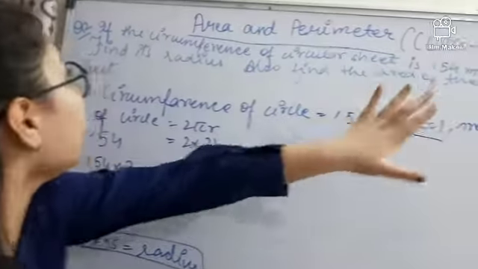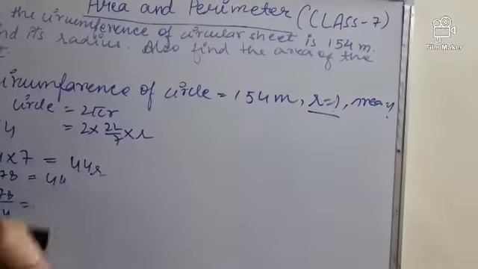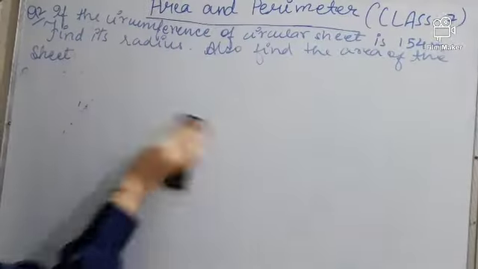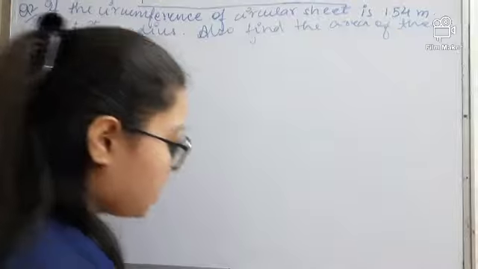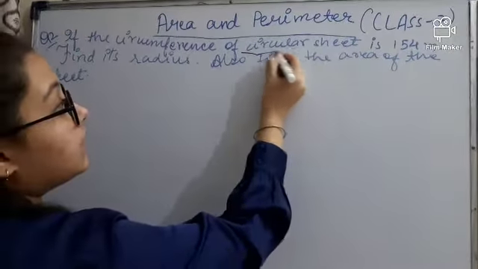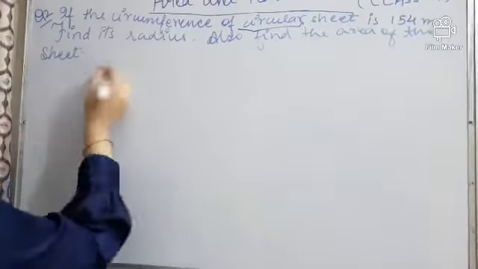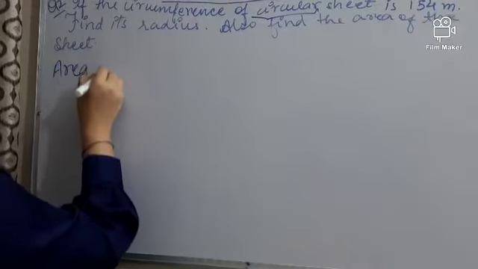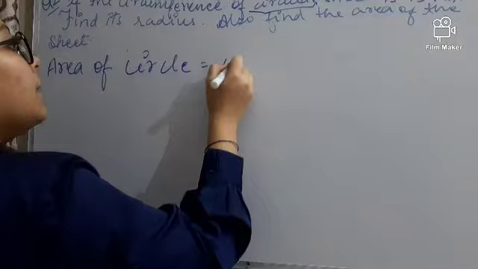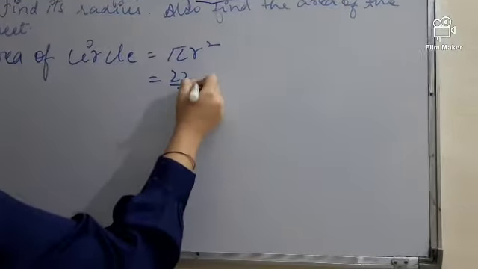We have to find the area of the sheet. The sheet is in which shape? The sheet is in circular shape, that is, the sheet is a circle. So we have to find the area of circle in this question. What is the area of circle? Pi r square, where pi is equal to 22/7.